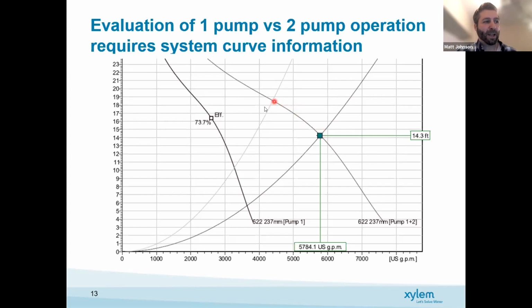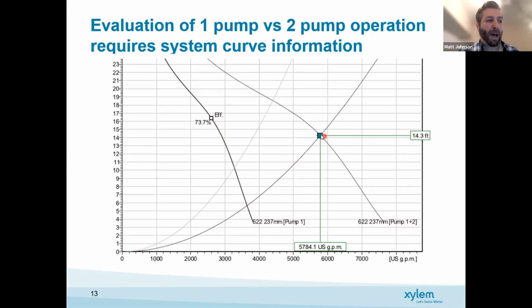And so obviously the intersection of these curves with the pump curve is where you're operating. So if a single pump here is operating by itself in this curve, this is the point where it's going to run at 3,400 GPM. And you can see we're pretty far to the right of the best efficiency point.